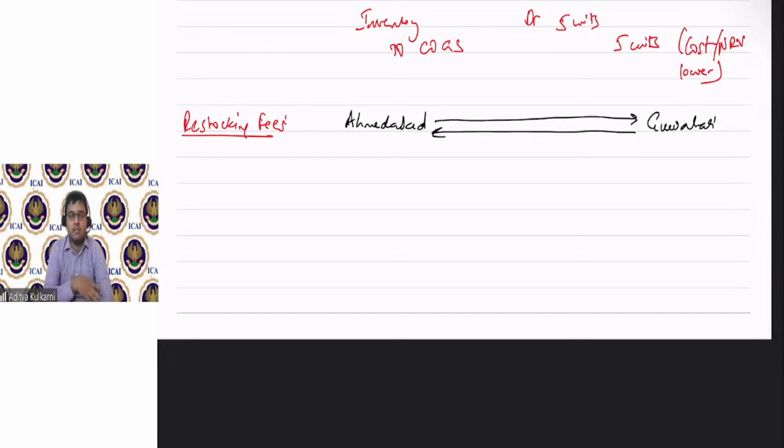Are we clear with this? Yes, you will have to pay some minimal charges. Those goods will come from Guwahati to Ahmedabad and you will restock them. So the customer pays the seller fees for transport and restocking. That we call restocking fees. Are we clear with this?